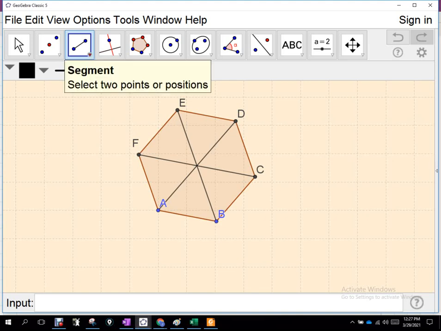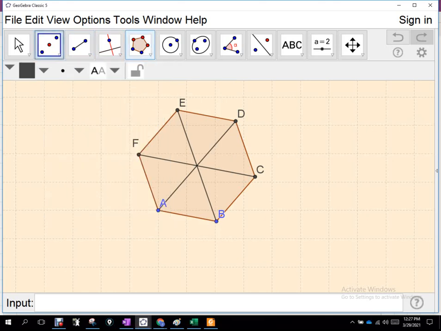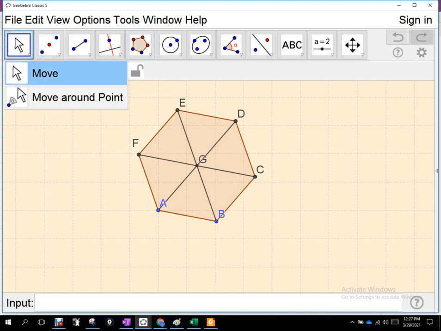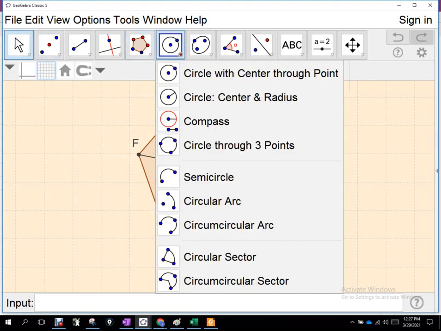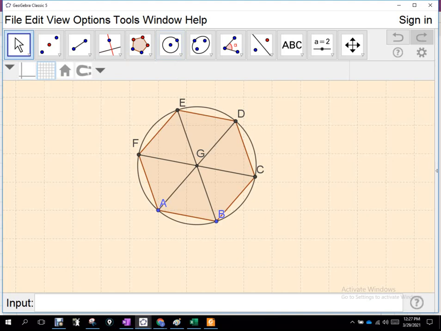We have to go a little bit further with our process for finding the center. I got G as my center, and there should be a circle going from G to D. Does that pass through every vertex? So every polygon has this circle. The center of that circle is what we consider the center of the polygon.